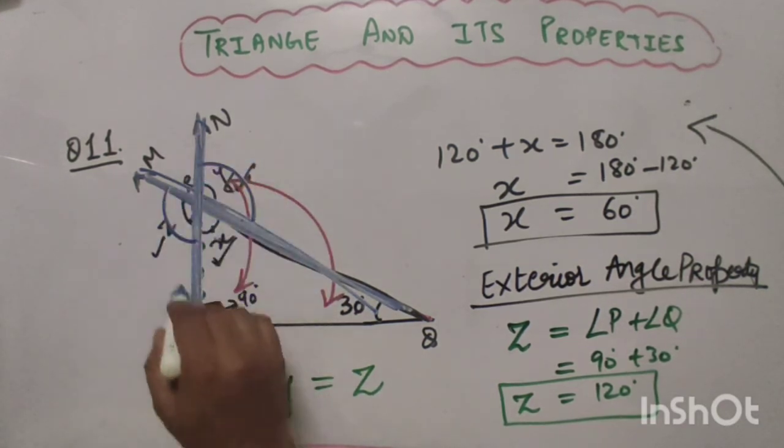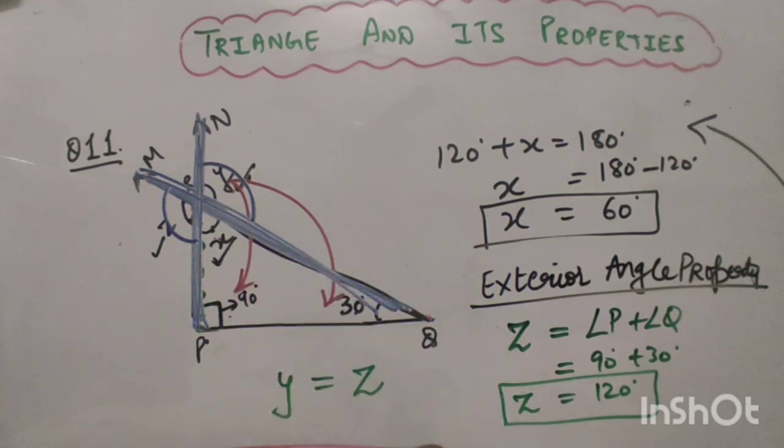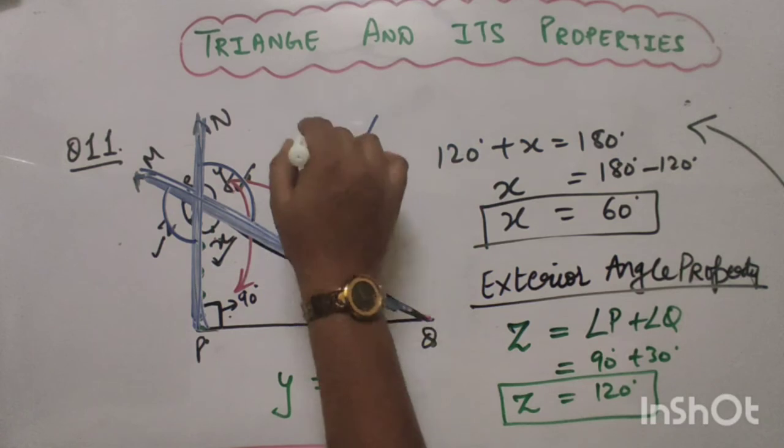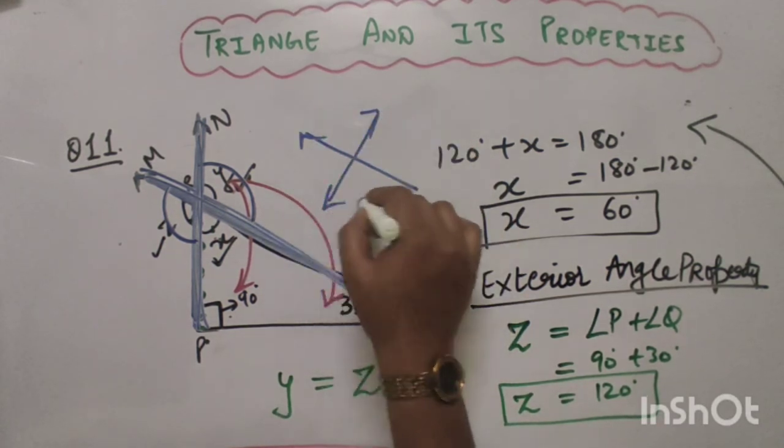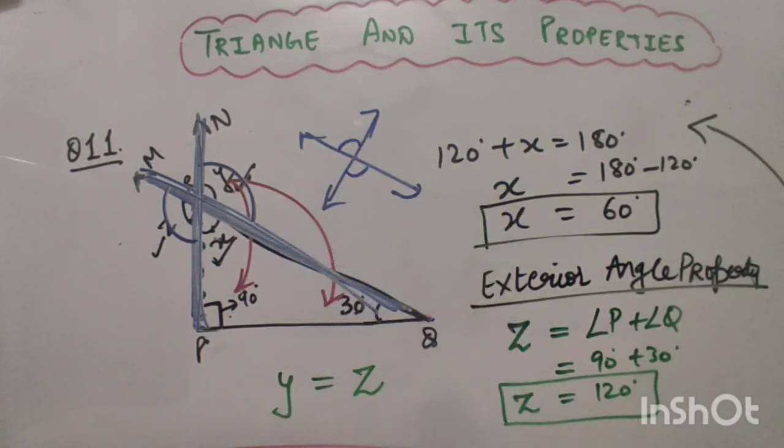What type of angles are these? Yes, these are vertically opposite angles.